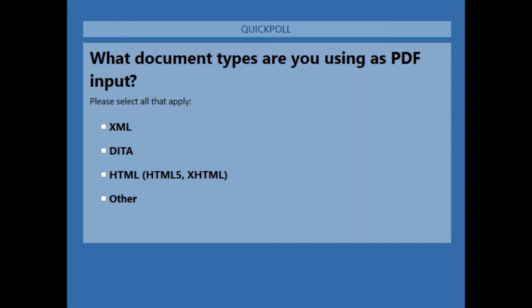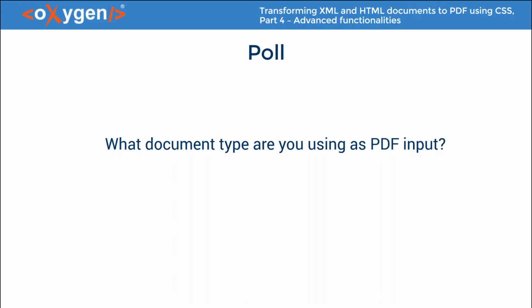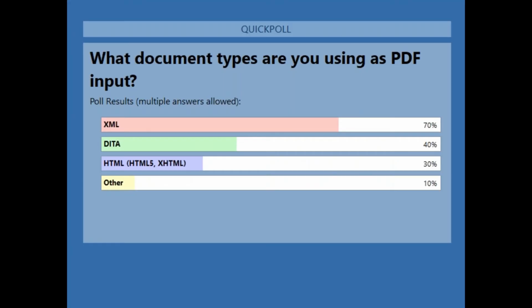Okay, so the majority of you seem to use XML, maybe other XML special grammars like S1000D or DocBook. A few of you use this data, so this webinar is not directly related to data, but don't worry, there is another series of webinars dealing with data and CSS.